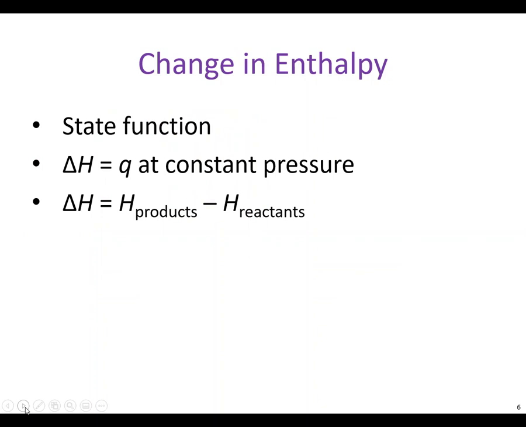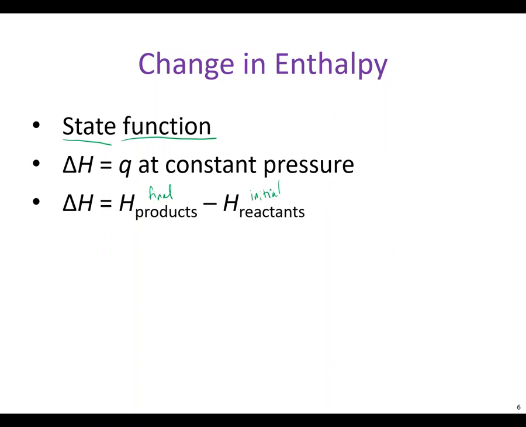Reviewing what enthalpy is, again, it's a state function, so we're really concerning ourselves with the final and initial states. And by definition, as it works out through all those derived equations, delta H is going to be equal to the heat, which is Q, at constant pressure. So we're talking state function. We don't really care about the pathways here. This is like the final state minus the initial state, because of course the products would be the final and the initial would be the reactants if we're talking about a reaction.